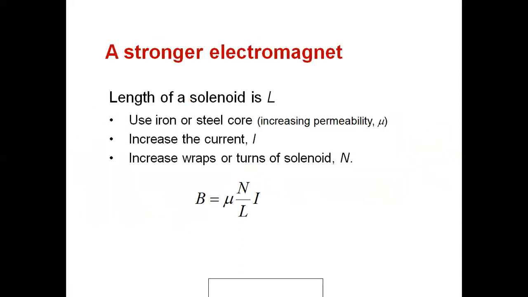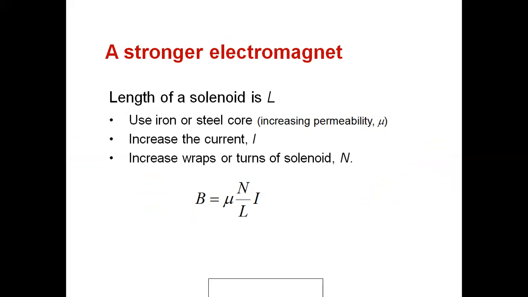Now, to make a stronger electromagnet, suppose the length of the solenoid is L, which is fixed. Then use an iron or steel core so that its permeability can be increased. Increase the current strength I, and increase the wraps, that is the number of turns on the solenoid.